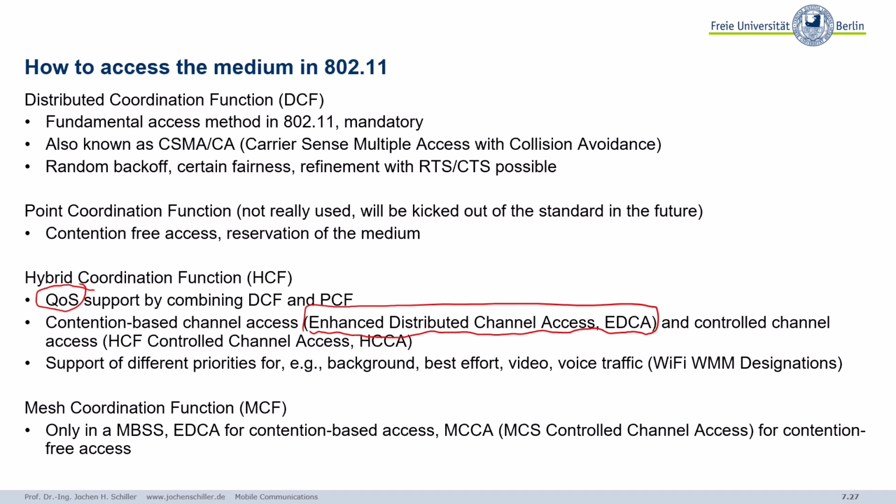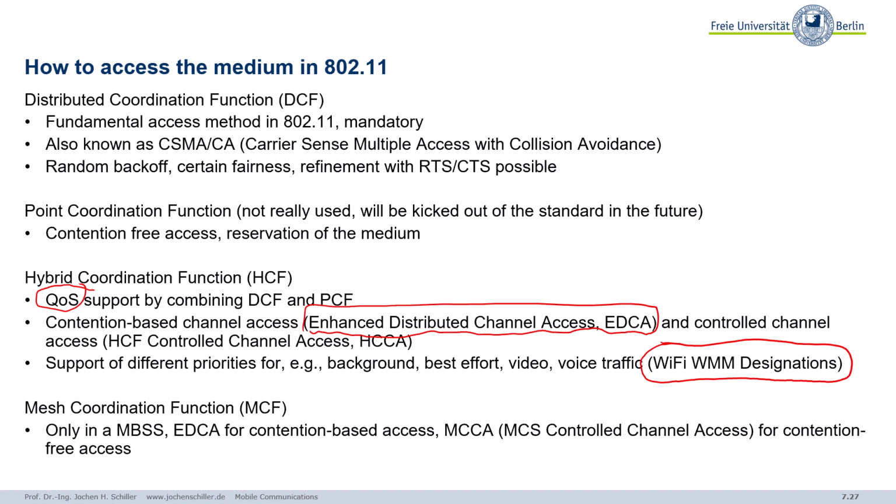So I will explain in some more detail this enhanced distributed channel access that supports different priorities. The classical four priority classes, the access classes, are background traffic, best effort traffic, video, and voice. Voice with the highest priority, background with the lowest priority. And these are the designations the Wi-Fi Alliance gave them, and this is called wireless multimedia, WMM.